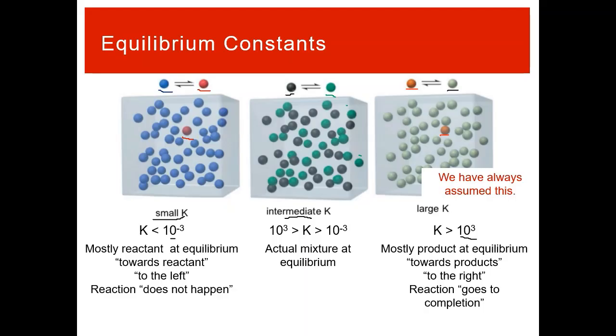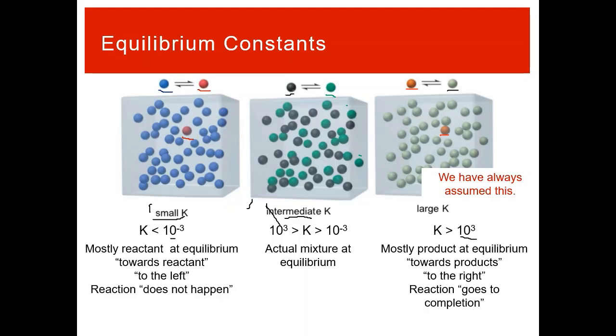For many reactions, it is the case, and it works great. Anything you've done in the lab has always gone this way, and a lot of industrial chemistry goes this way. But if you have these intermediate or small values of k, you're going to need to use an equilibrium description. You can't just use a stoichiometry calculation, a dimensional analysis calculation, to figure it out.